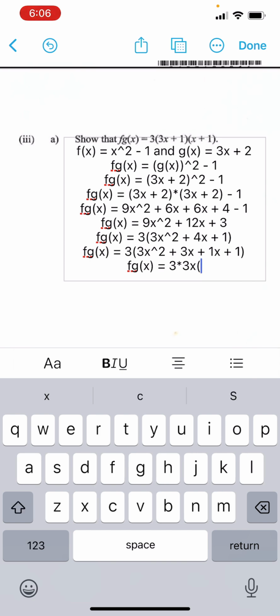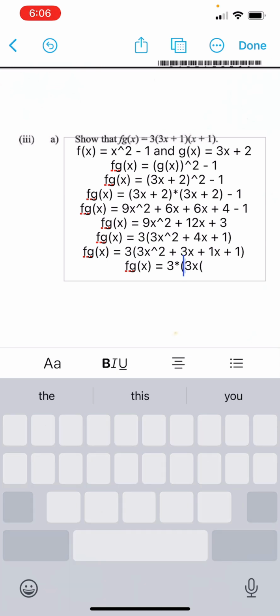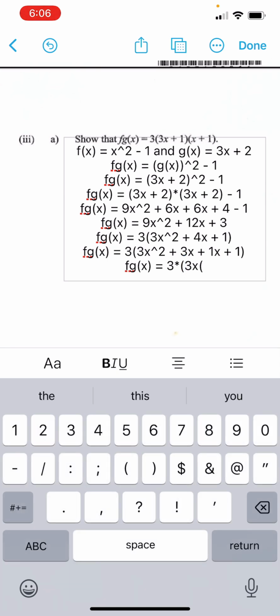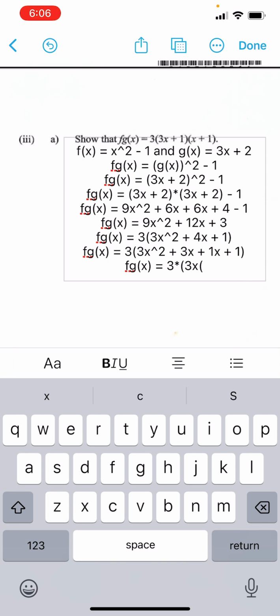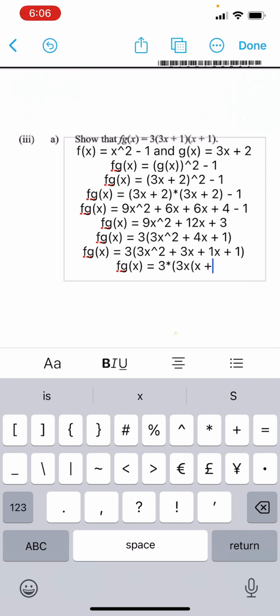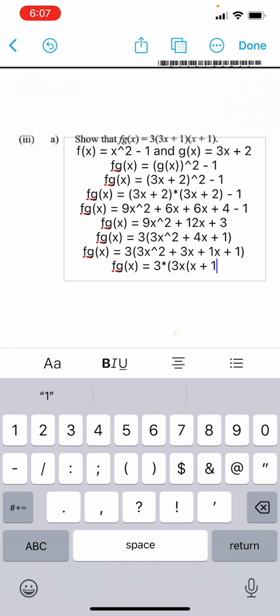The common term between 3x squared and 3x is 3x. So we're gonna have 3x outside the bracket. 3x into 3x squared is gonna be, sorry, it's gonna be x. You're gonna leave x. And then 3x into 3, we're gonna leave 1. Close that bracket there.